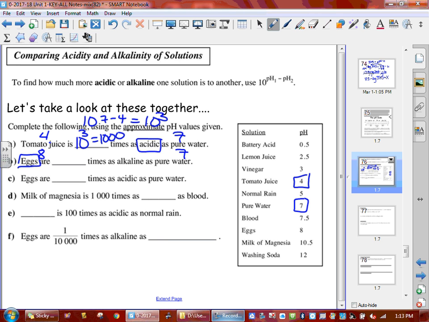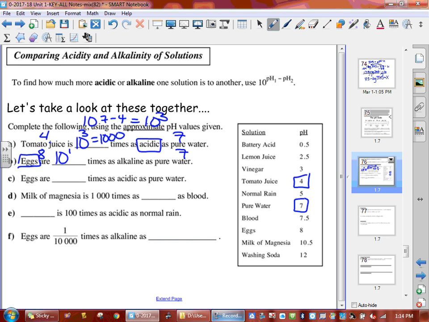So they're saying that eggs are more basic than water, which they are. So we want to know how many times more alkaline they are. So this time we're taking the eggs and subtracting. So we're going 10 exponent 8 minus 7 here, because it's asking about alkalinity. So 10 to the 1 is what we're going to get, because 8 minus 7 is 1.